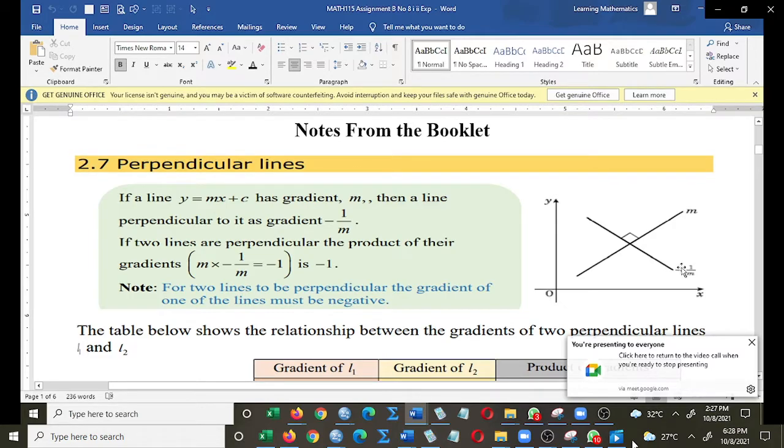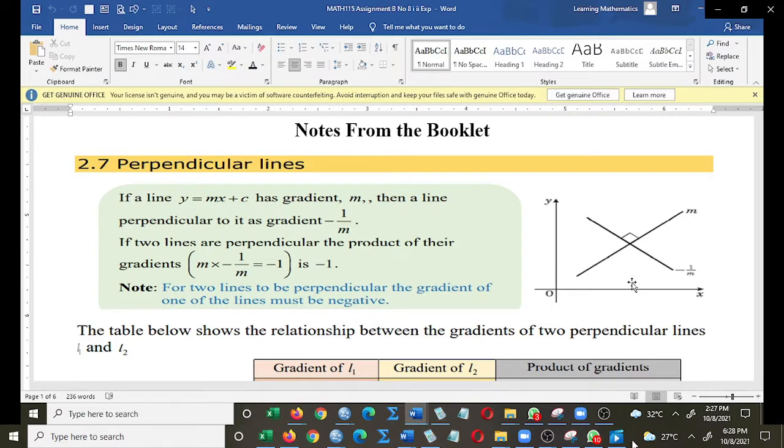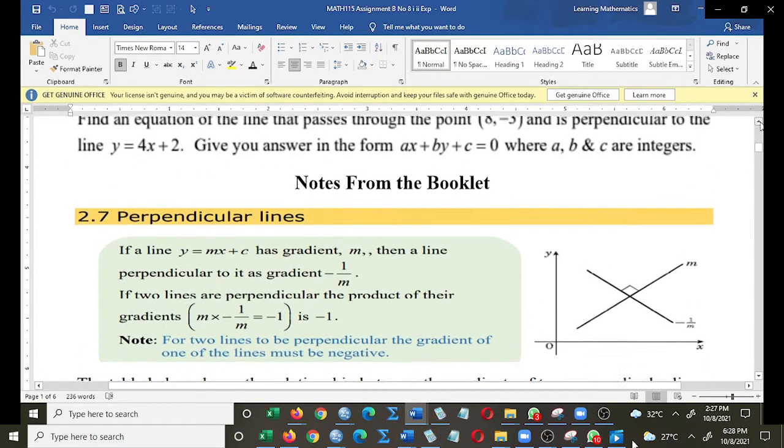So the negative sign is like opposite and inverse is like 1 over, and they cross each other at 90 degrees. Do parallel lines cross each other? Anybody? No, sir. But perpendicular lines do cross each other, and they cross each other at 90 degrees. One is going in one direction and the other is going negative inverse with respect to the other. Okay, so it's a slightly different and more complicated situation.